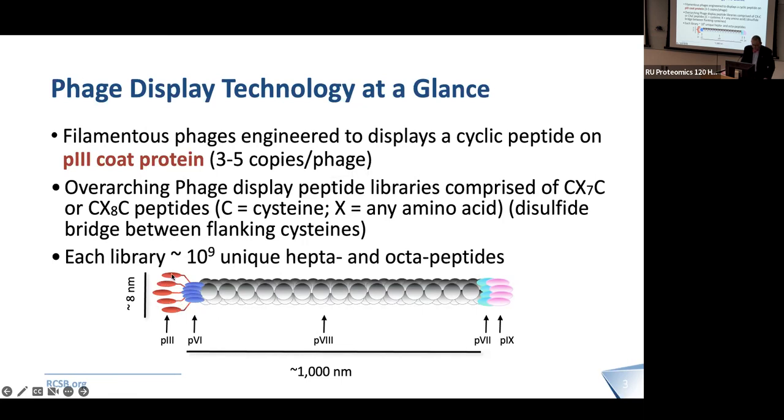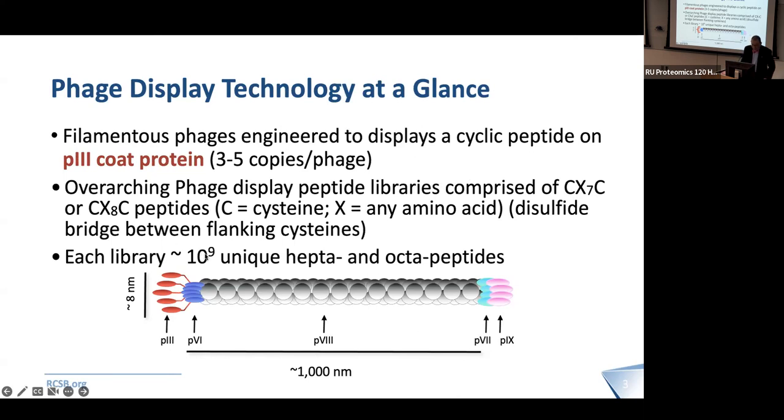The advantage of being able to encode libraries in nucleic acid and then have the libraries in turn displayed as oligopeptides fused to these surface proteins is that you can create libraries where you can screen up to 10 to the 9 unique hepta or octopeptides. In this case, they're going to be flanked by 2 cysteine residues, which will ensure that, in fact, it's a cyclic heptapeptide or a cyclic octopeptide.